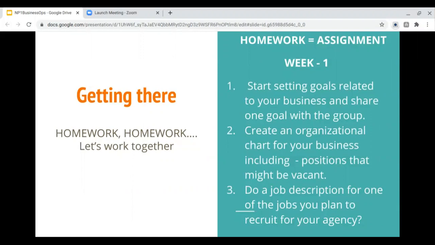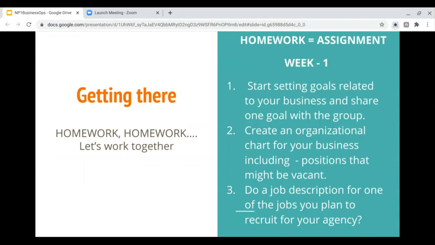Some of those goals would be, let me finish my business outline, or let me register with the state. They don't have to be grandiose goals at this stage, because we're very early on in the process. Or it could be, let me create my organizational chart, or let me do a job description for these different roles and responsibilities. These are just some ideas. I put it up as a homework assignment, but it's not a real homework assignment. It's just something to get you moving in the right direction for week 1.